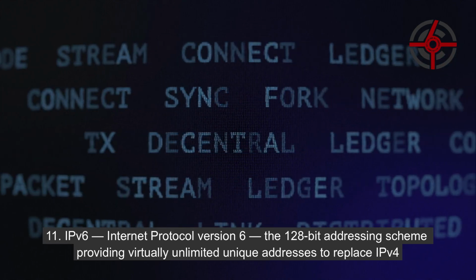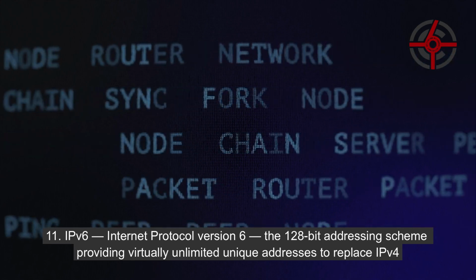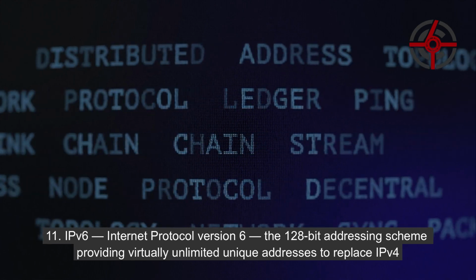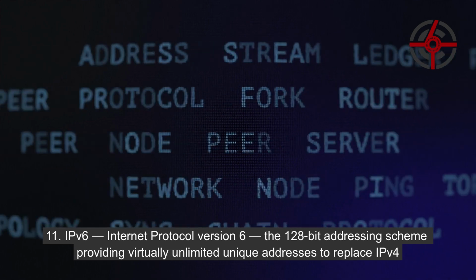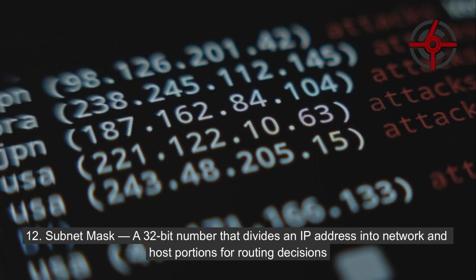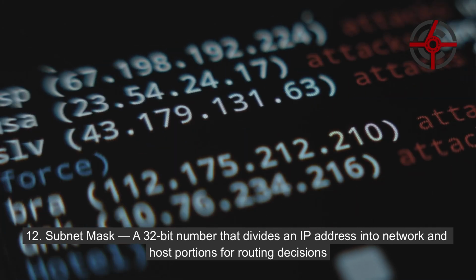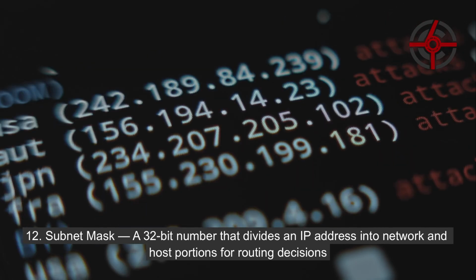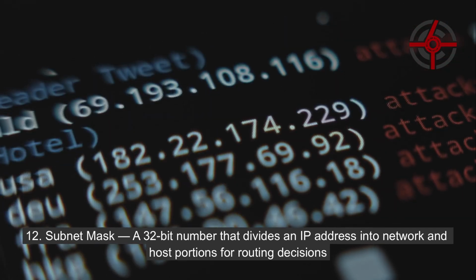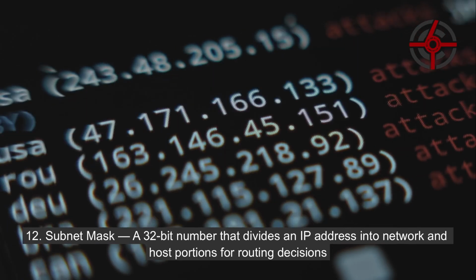IPv6, Internet Protocol version 6, the 128-bit addressing scheme, providing virtually unlimited unique addresses to replace IPv4. 12. Subnet mask, a 32-bit number that divides an IP address into network and host portions for routing decisions.